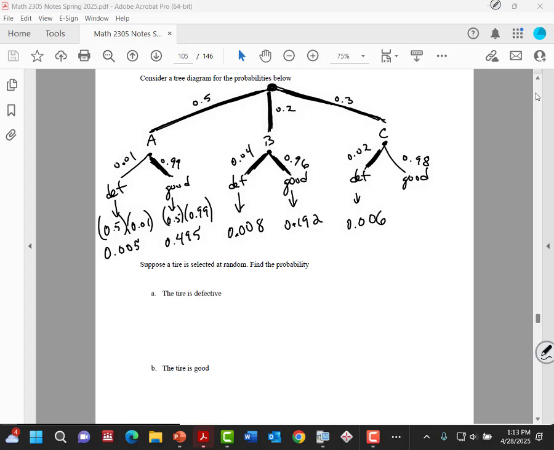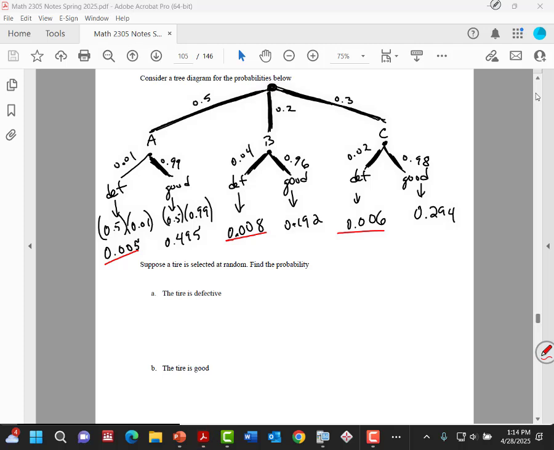And if I did 0.3 times 0.98, I would get 0.294. Now, I'm going to underline these right here.